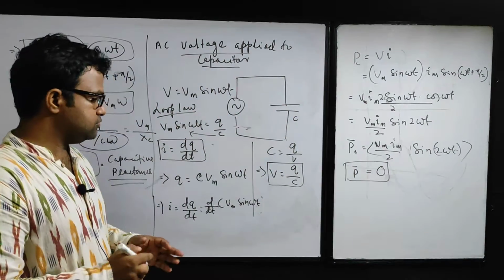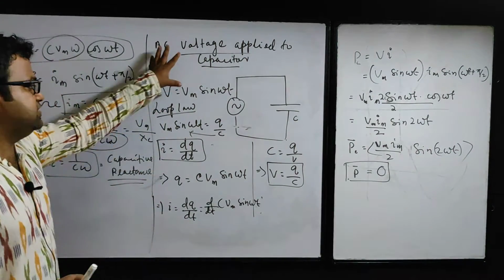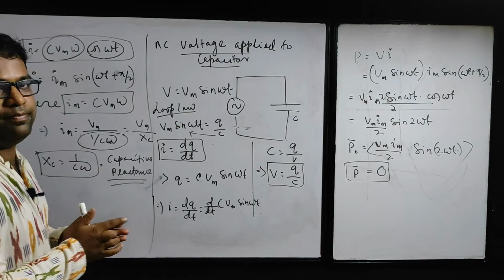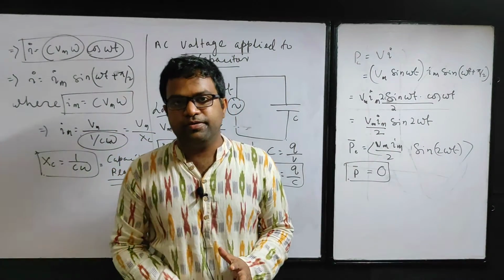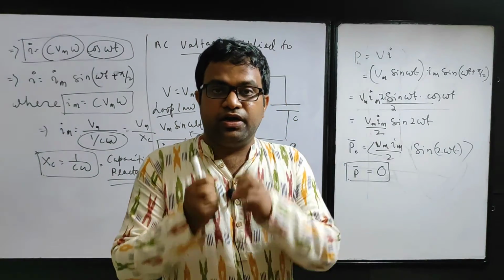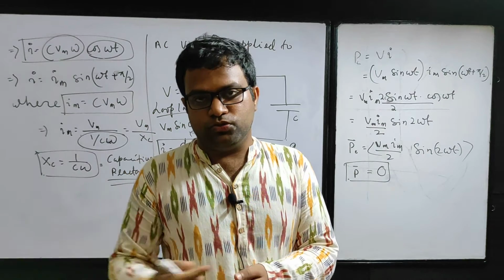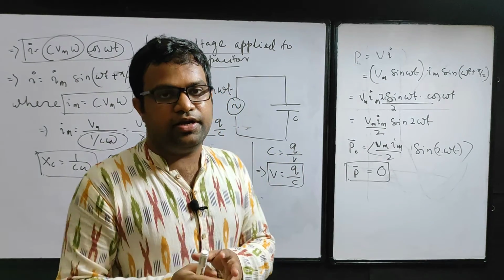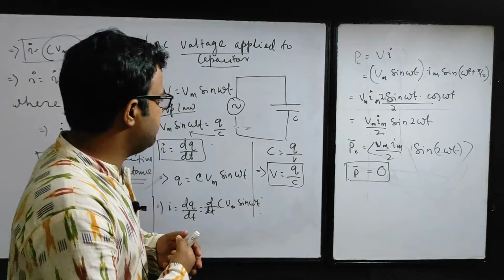Right. So what have we learnt from AC voltage applied to a capacitor? The current is ahead of the voltage by pi by 2. The peak of the current will come first, then the peak of the voltage will come.